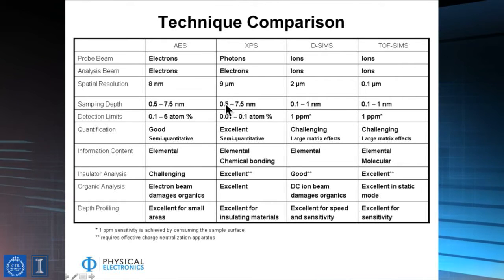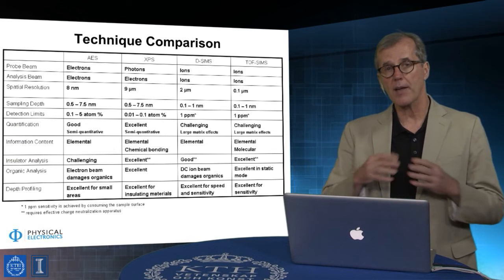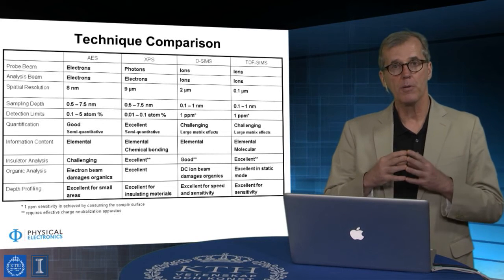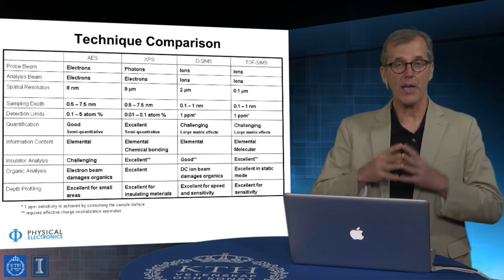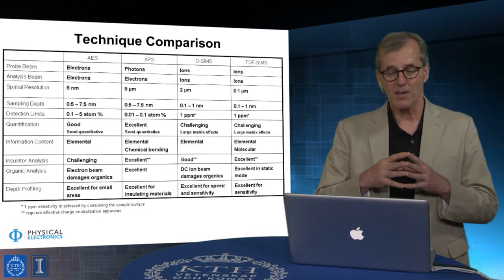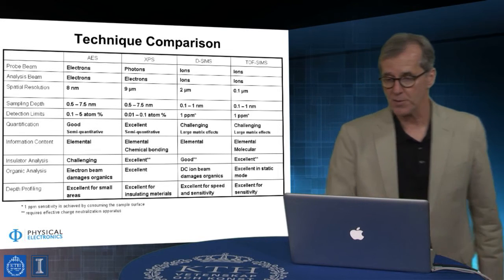And again, sampling depths of the order of angstroms to nanometers. Again, areas analyzed, typically more micron scale, and that's typically associated with the fact that X-rays are hard to use as an imaging probe, because X-ray lenses are just much more complicated than our lens systems for charged particles.